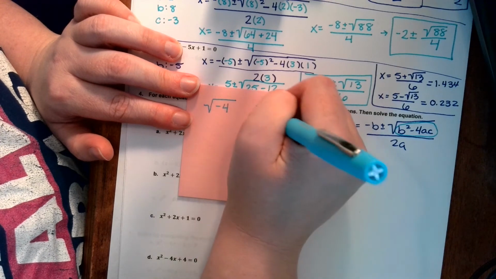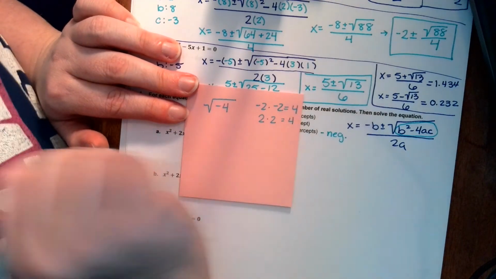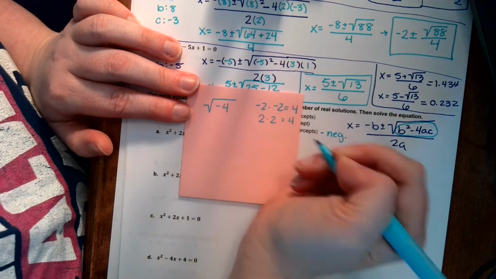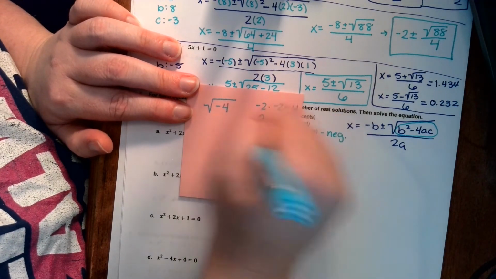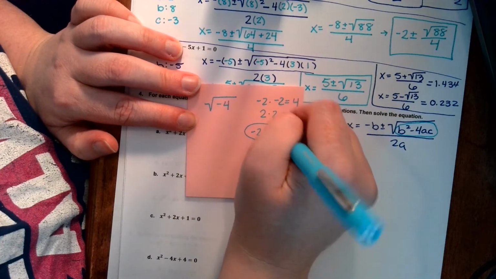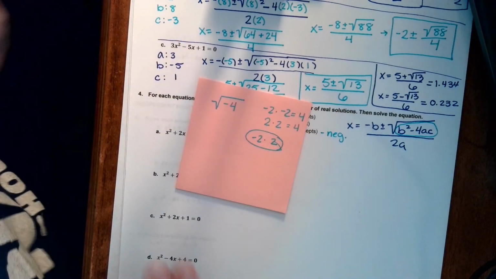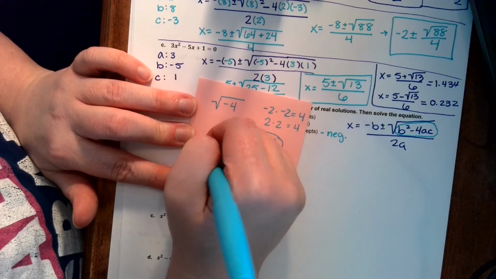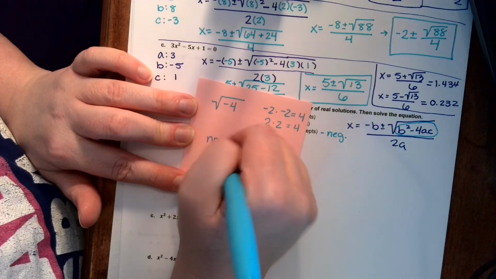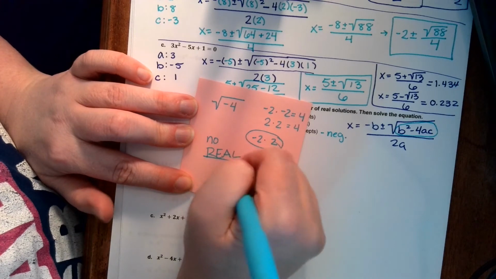And I can't do positive 2 times positive 2 because that gives me positive 4. The only way to get negative 4 is to do negative 2 times positive 2. But that is not a square root because the square root is something times itself. And negative 2 and positive 2 are not the same number. So there's no real solution.